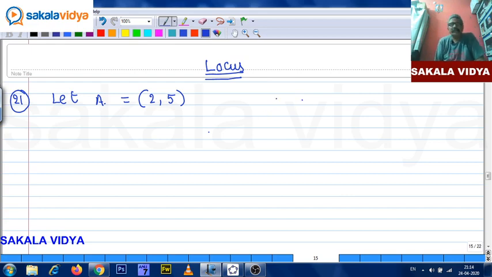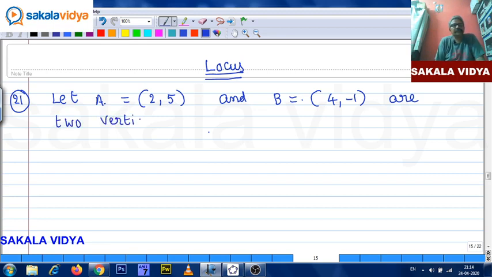And B equals 4 comma minus 1 are two vertices of triangle ABC.